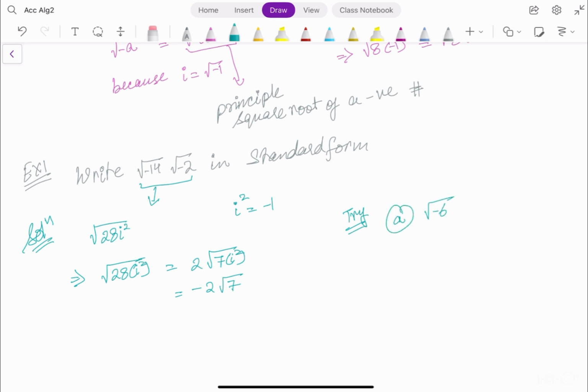Question number A. Then B is this one. Give it a try.